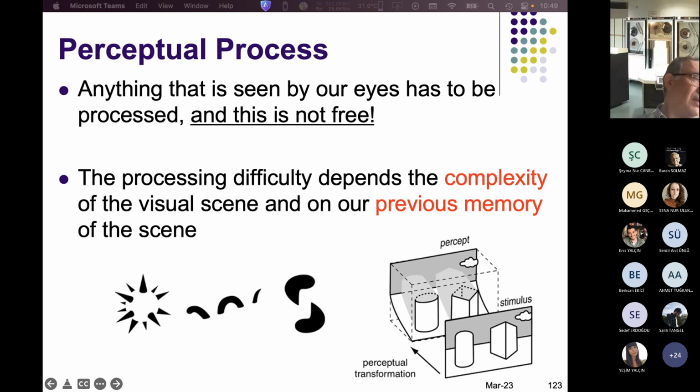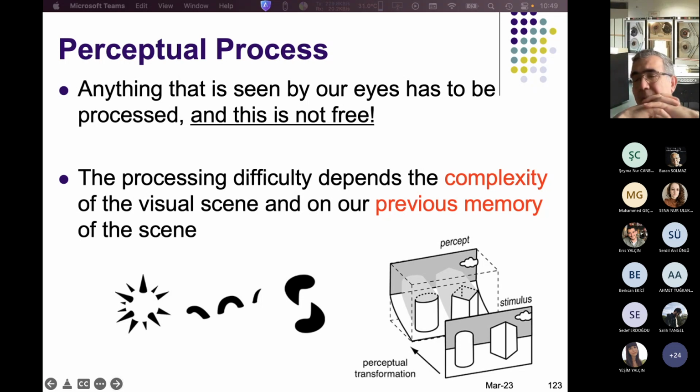As an interface, for example, this is an interface, a remote control. When we see this, we process it and we decide what to do. So anything that is seen by our eyes has to be processed, and the cost is important. So cost of processing is important.